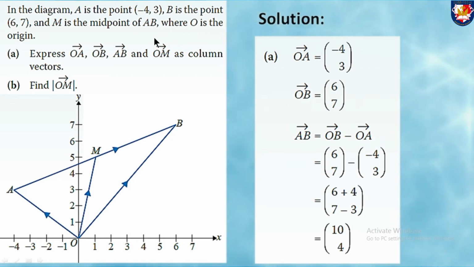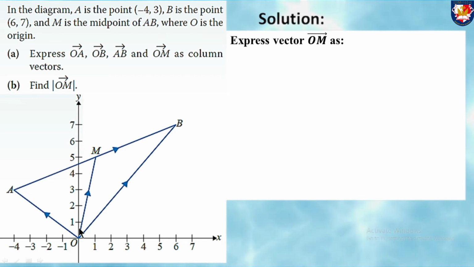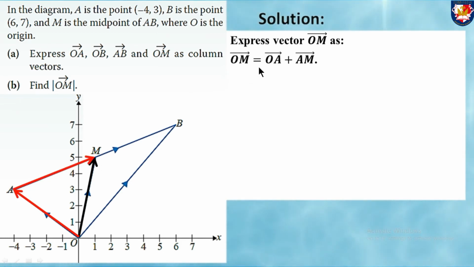Next, we are going to find vector OM. Vector OM is the resultant of vector OA and vector AM. So we can write vector OM as OA plus AM, as you can see here.